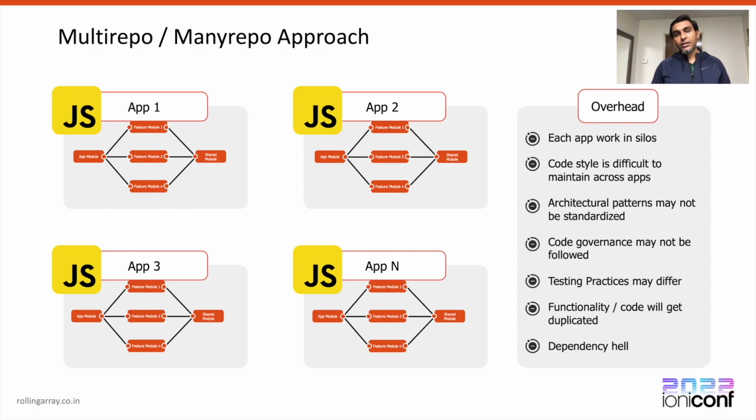And of course your functionalities are being copied at multiple layers. Eventually your dependency management will become hell, because now you are pointing to different dependency binary versions which may not get updated at the same time. So in this whole approach you see a lot of challenges.